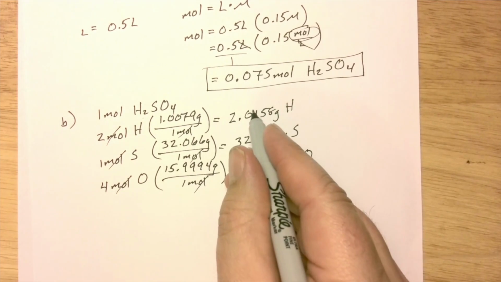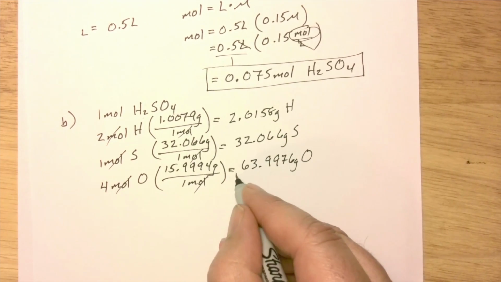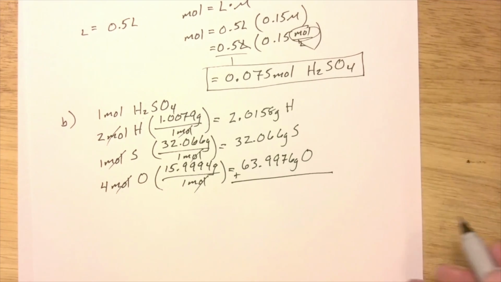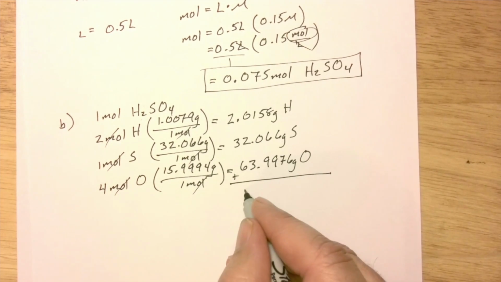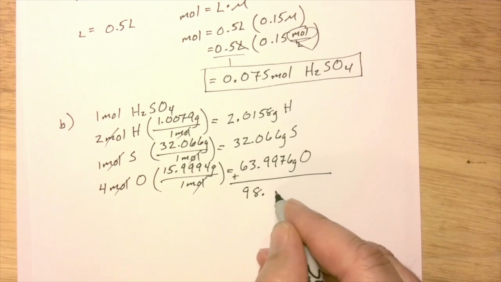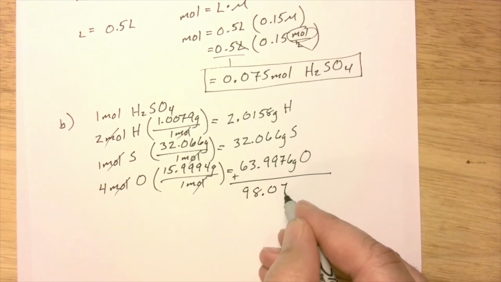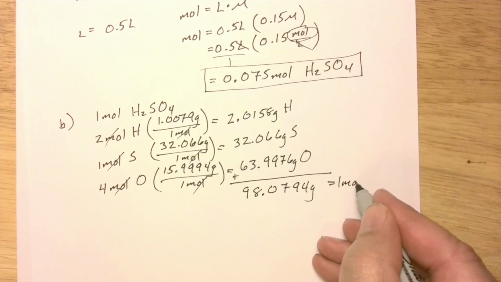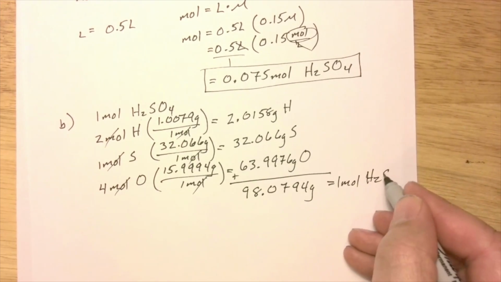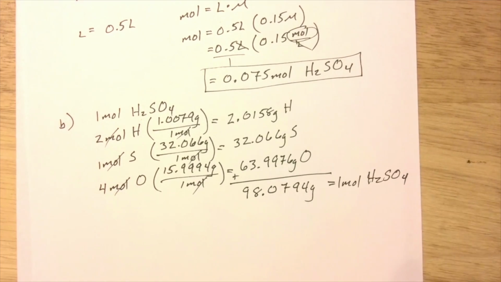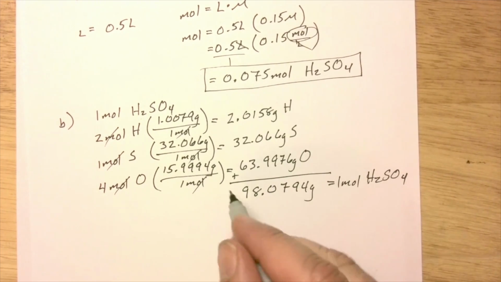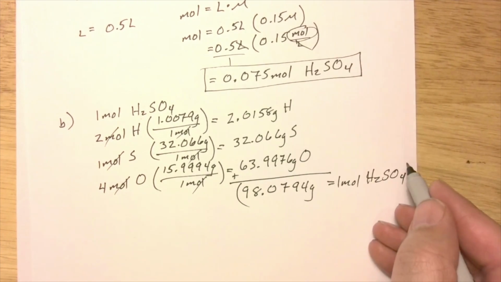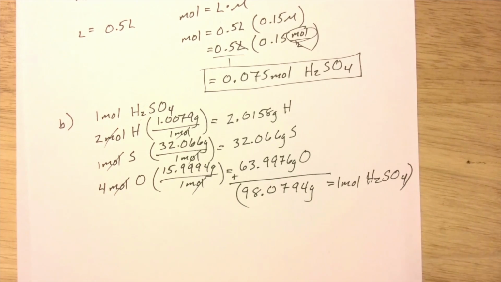So you have basically the weight of all the different parts. To find the weight of the whole thing, add everything together, and it comes out to be about 98.0794 grams equal to 1 mole of sulfuric acid. So this is going to be your conversion unit. This is what's going to go inside the parentheses.